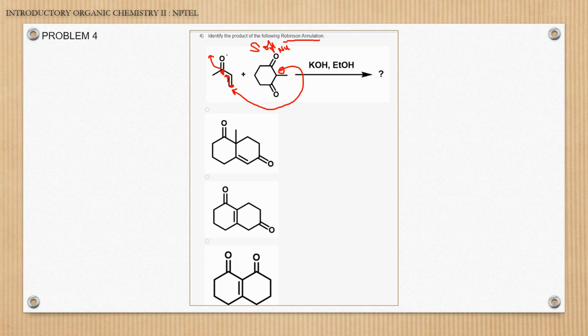So what will happen after that? This anion is getting generated. Now what will it do? Any guesses? It will attack one of the carbonyls of this particular nucleophile.